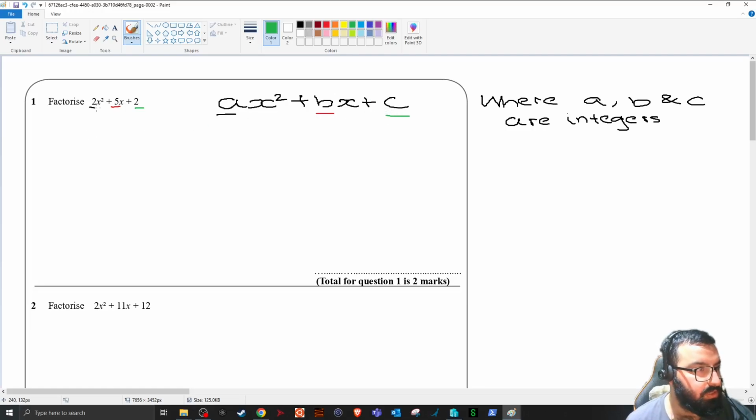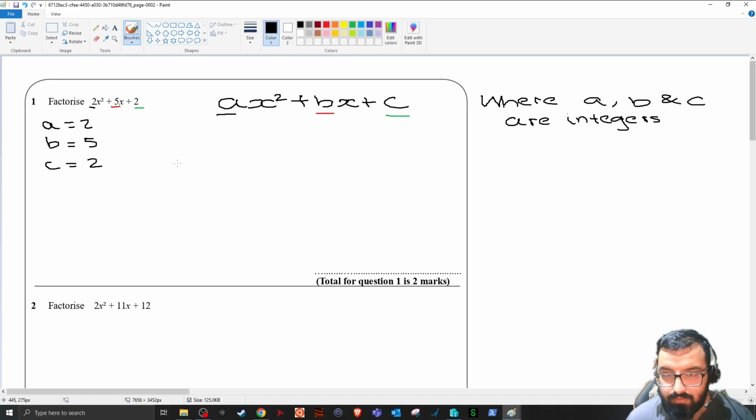So you can really compare the general expression to what's given in the question, and from there you can point out what a, b, and c are. For question 1, a is going to be 2, b is going to equal 5, and c also equals 2.